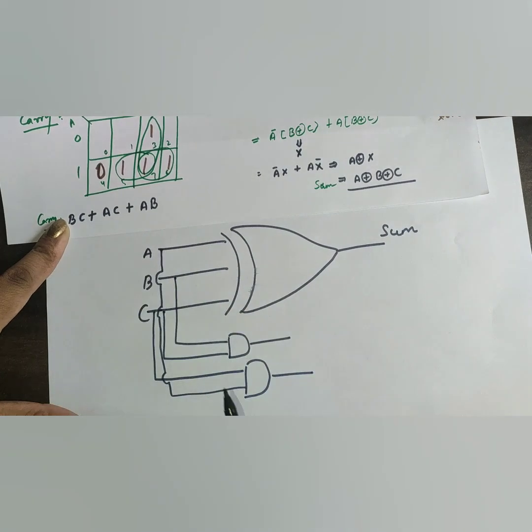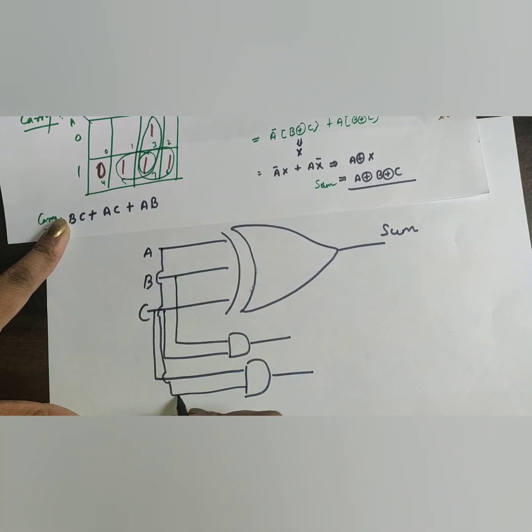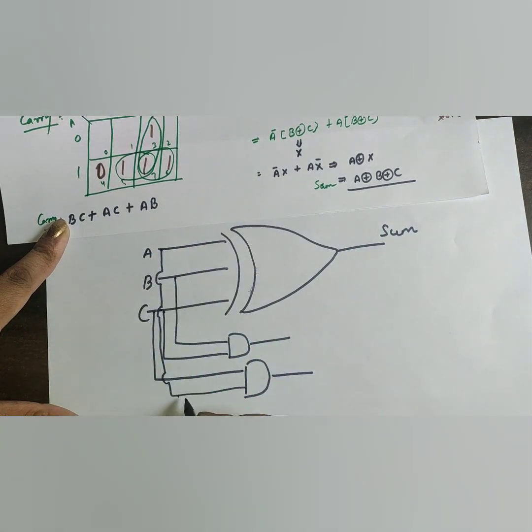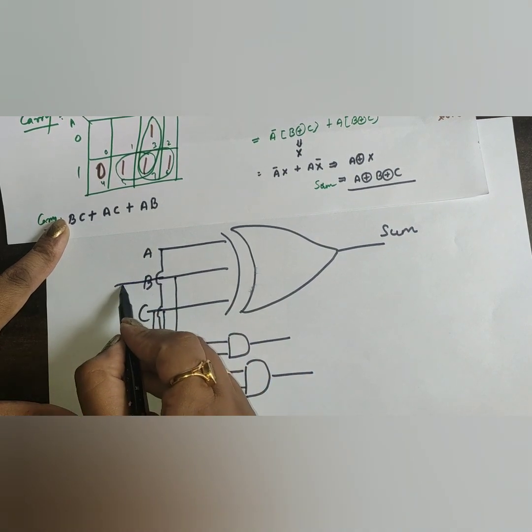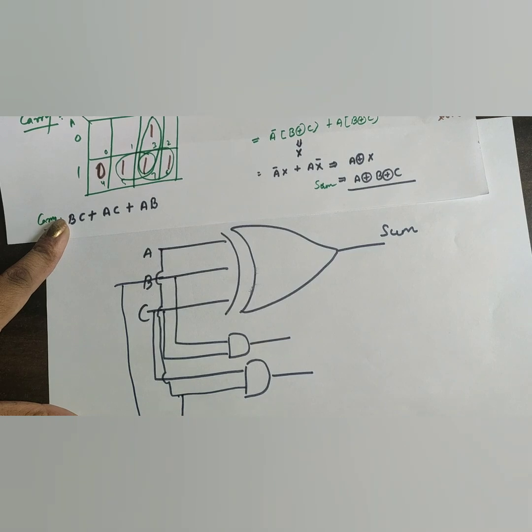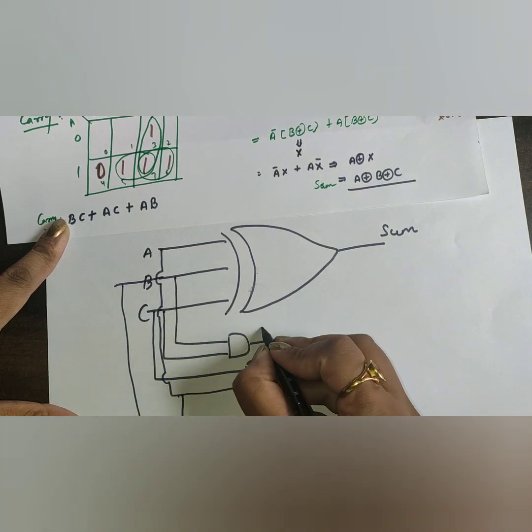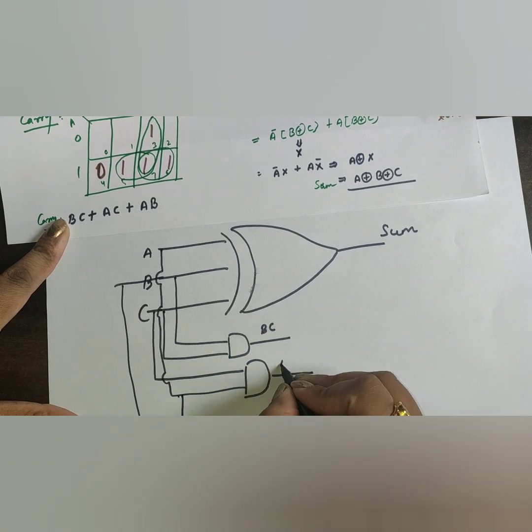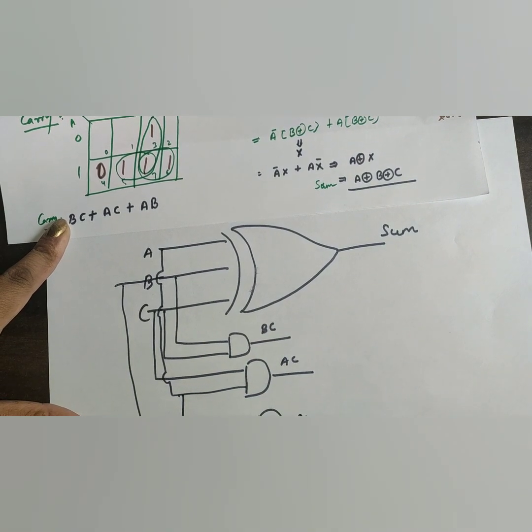Now third is A and B. Now we can write BC here, AC here and AB here.